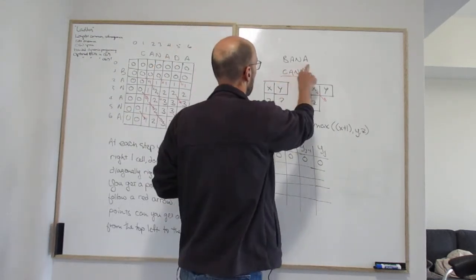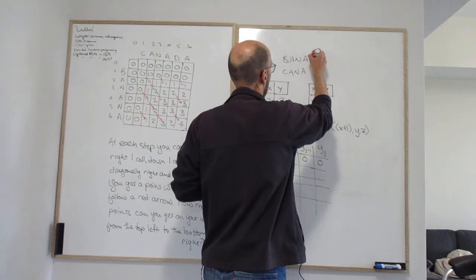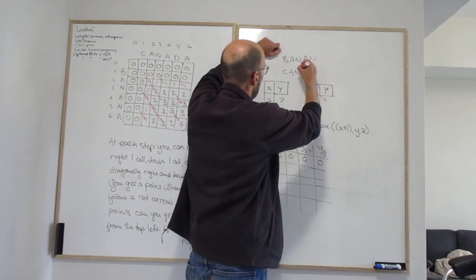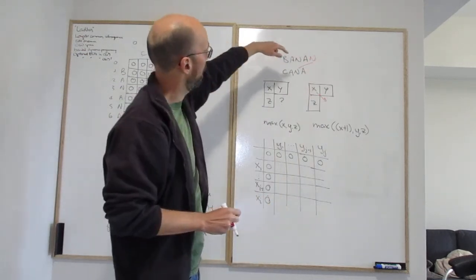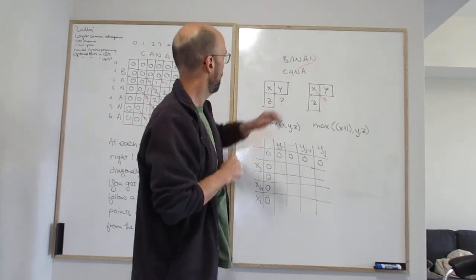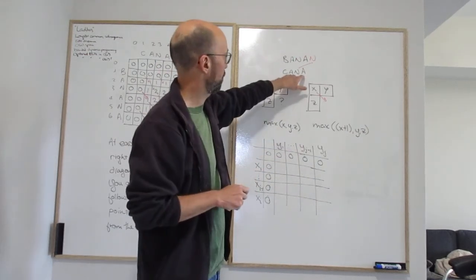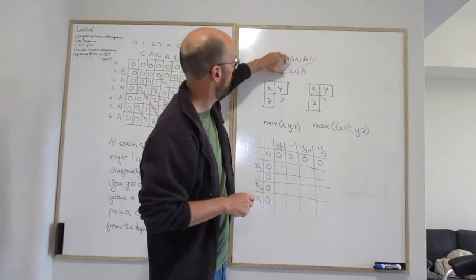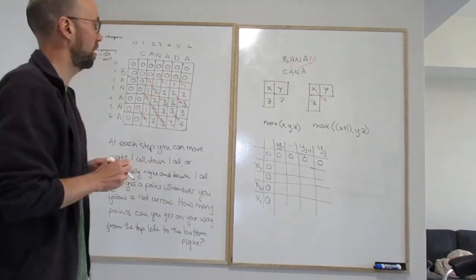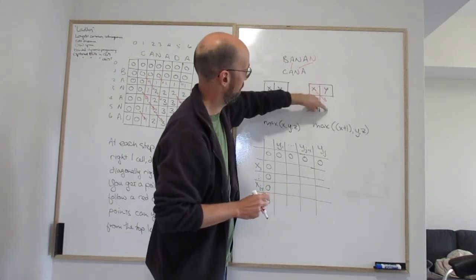Or I can say, maybe I'm looking at banan, and I say, well, I want the ith character here to match to an earlier character here, so I ignore this character, and I keep this subsequence. Okay? So if it's the case that the characters match, I can take this and add 1.